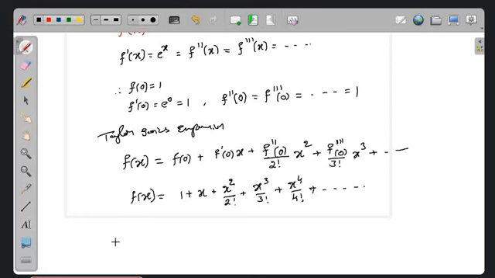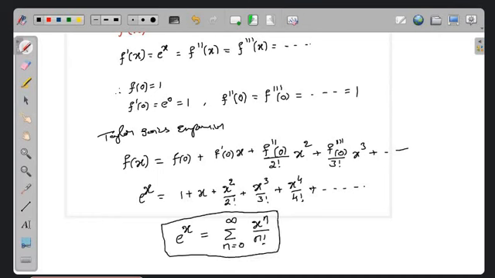Okay, so therefore we can conclude that the Taylor series expansion of e power x is going to be this. In other words, we can say that e power x is equal to summation n equal to 0 to infinity of x power n over n factorial. Okay, so we got the Taylor series expansion of e power x.